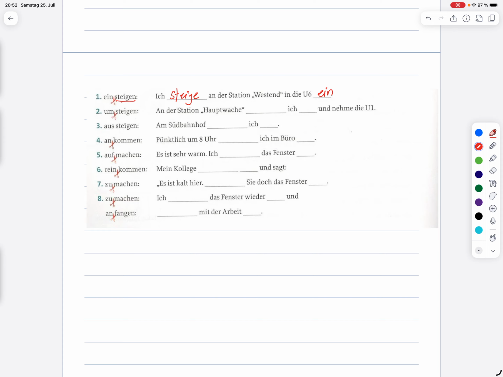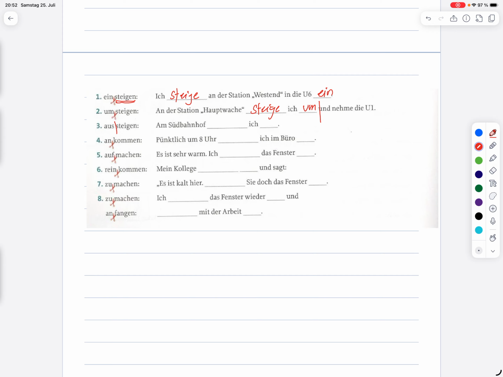So we will conjugate this verb steigen, and then put the prefix at the end, right? Then umsteigen: An der Station Hauptwache steige ich um und nehme die U1, right? So then here the sentence finished. So this is the end of the sentence, and then we put the prefix here.